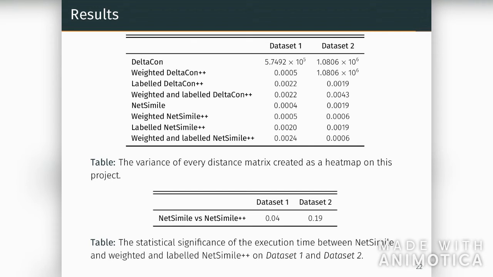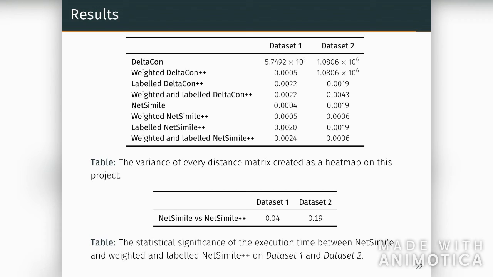Even though NetSimile++ and weighted NetSimile++ produce a lower variance than NetSimile on dataset 2, the absence of colors in the figure of NetSimile in the previous slide and the plethora of them on NetSimile++ clearly demonstrates that NetSimile assigned 0 distance to many combinations of graphs where NetSimile++ managed to identify differences. As a result, we can conclude with confidence that our extensions do provide more qualitative results that can identify the similarities and dissimilarities of the graphs in more detail.